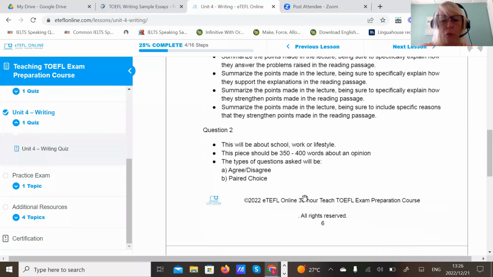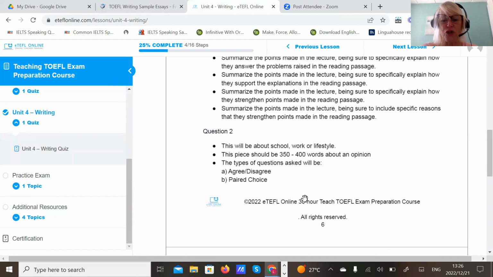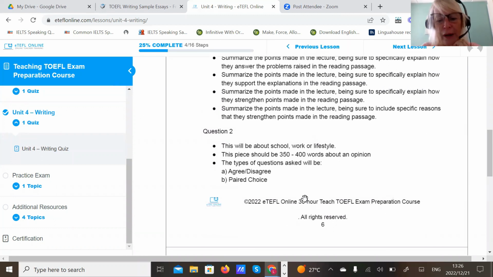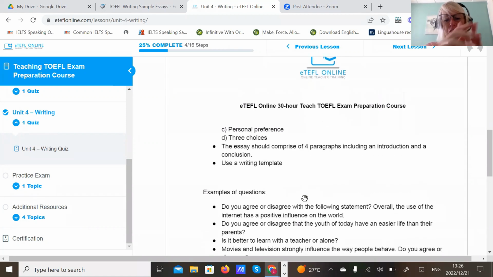Okay, that's very important. And then question 2, it will be about school, work, or lifestyle, agree or disagree. That's a very, very common one. Paired choice. Would you rather do this or do that? We had some of those last week in the speaking as well. If you could choose this one or that one. Okay, personal preference, or 3 choices.